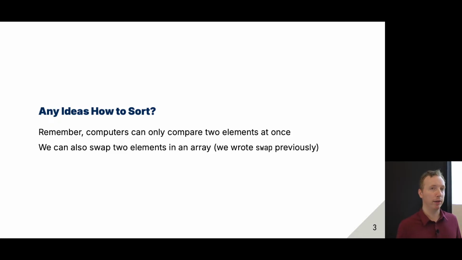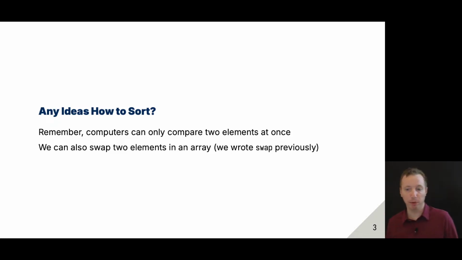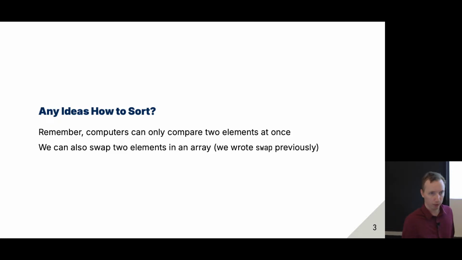They can't do many things at once, and what they can do is pretty simple. Computers can only compare 2 elements at once and tell you whether or not one is greater than the other one or less than, whatever you want. And then the only other operation we should need for sorting is just swapping 2 elements in an array, and we wrote that before.